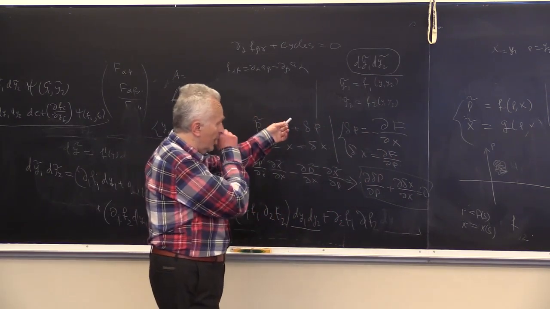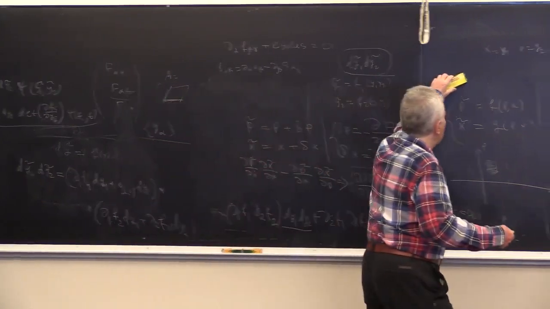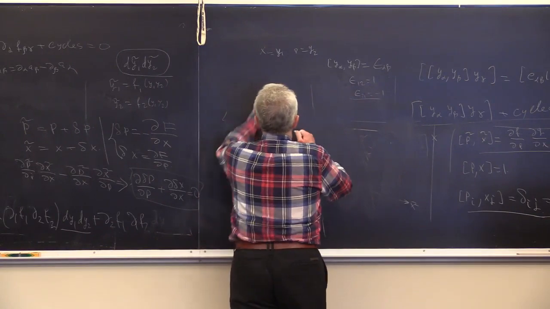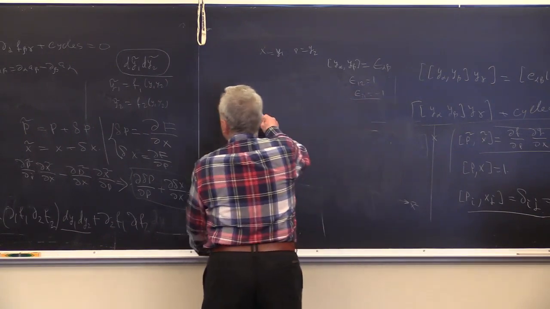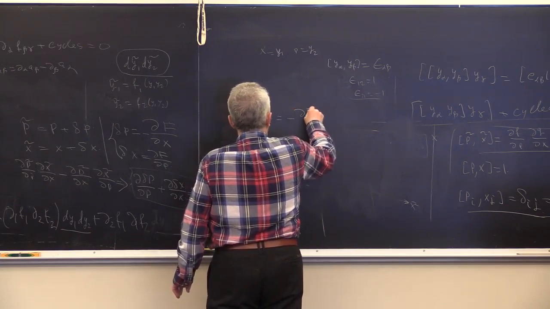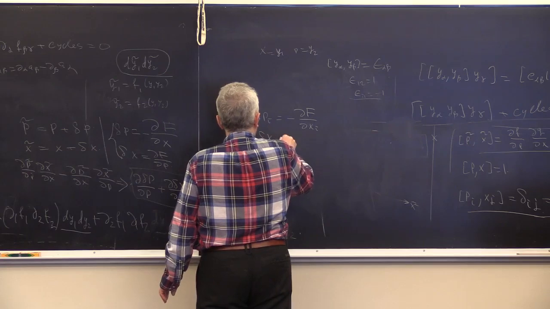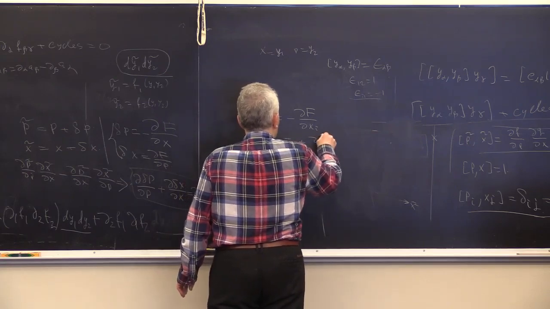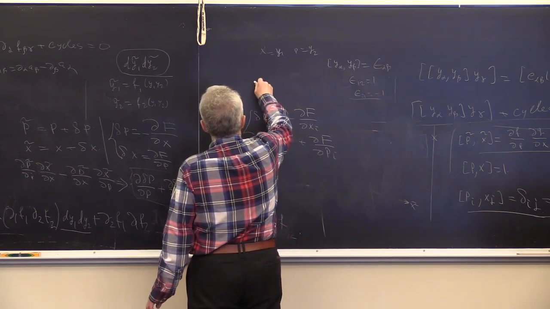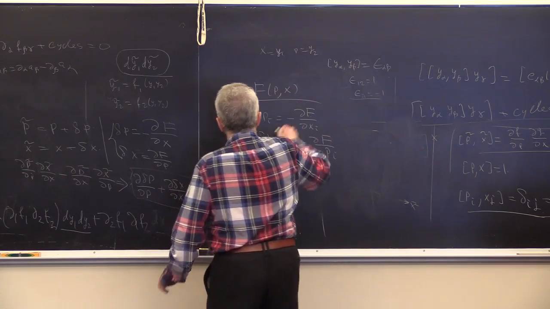So it's easy to see that in the multidimensional phase space, the most general canonical transformation is delta p_i equals minus df/dx_i, delta x_i equals df/dp_i, and canonical transformations are generated infinitesimally by the function f of p and x.